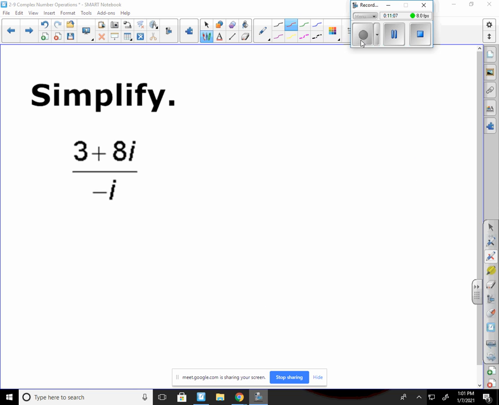All right, last one here. Here we just have negative i in the denominator. So I want you to try this one and then we'll do it together. All right, we'll try this one. So because this is just negative i, I'm changing the sign in front of the i and multiplying.